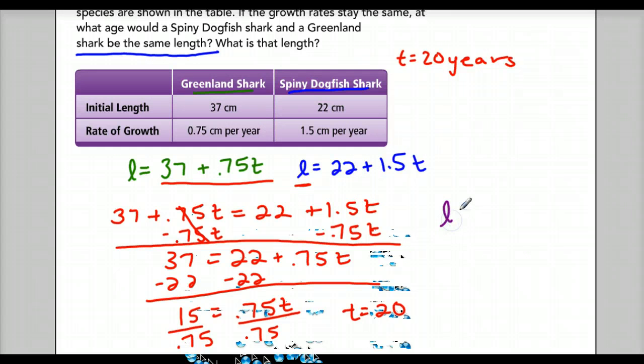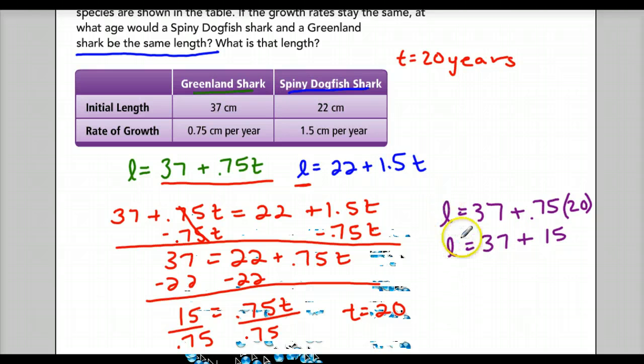So length is 37 centimeters plus 0.75 centimeters per year. And for how many years? 20 years. 0.75 times 20 is going to give us 15. 15 plus 37 is going to give us the length in centimeters of those sharks, and that is 52.